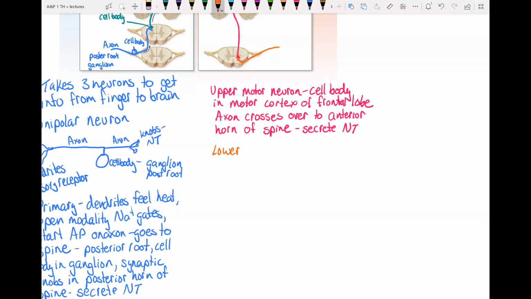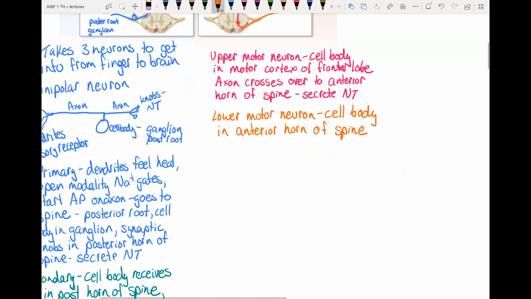So the lower motor neuron has a cell body in the anterior horn of the spine. It receives neurotransmitter from the upper motor neuron.